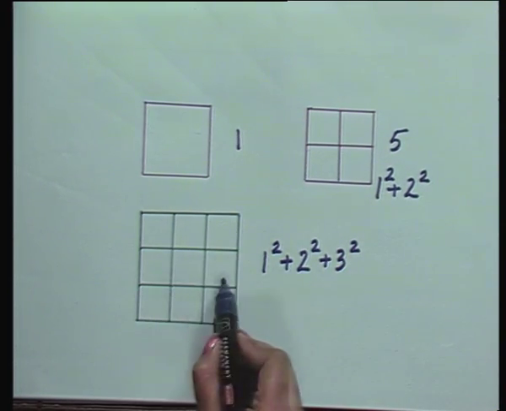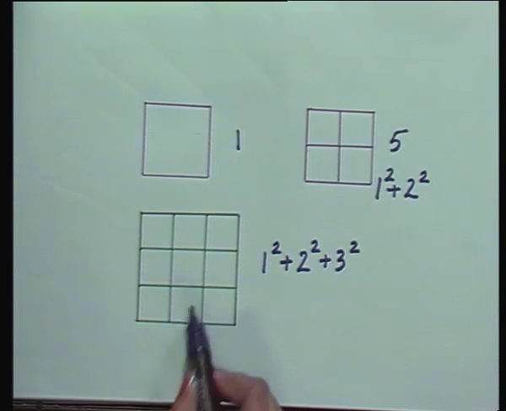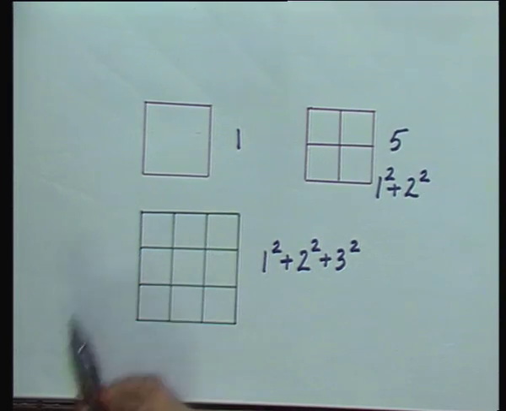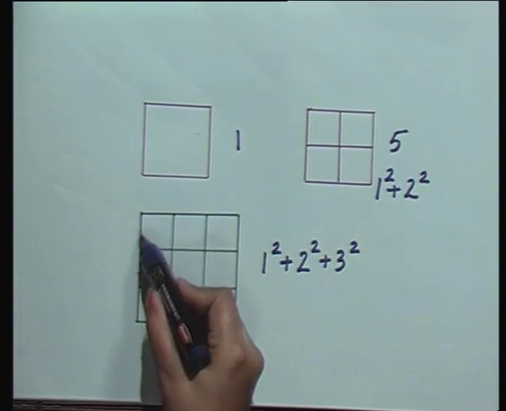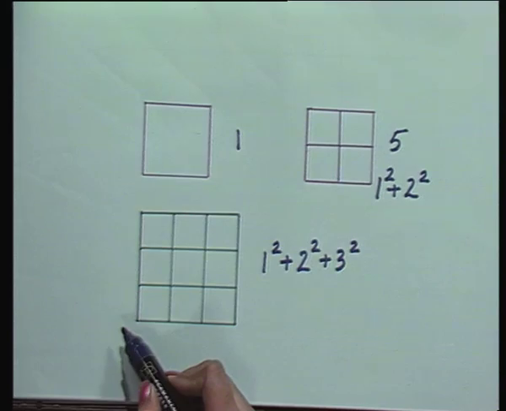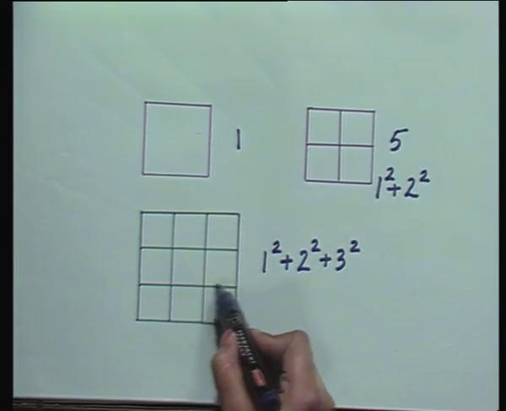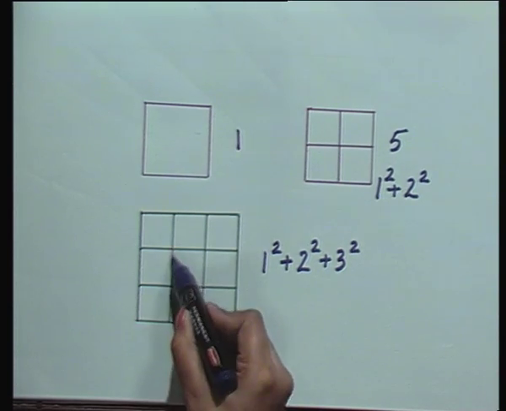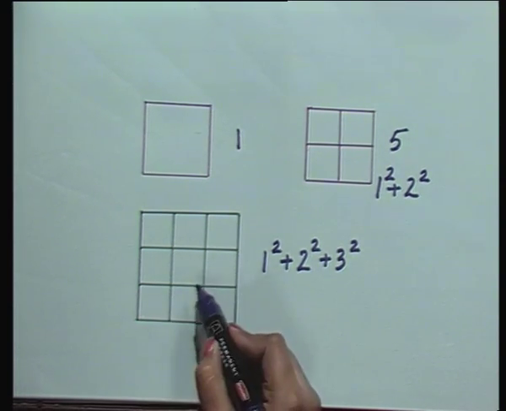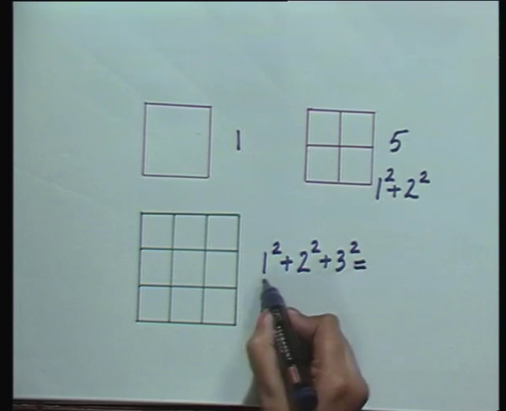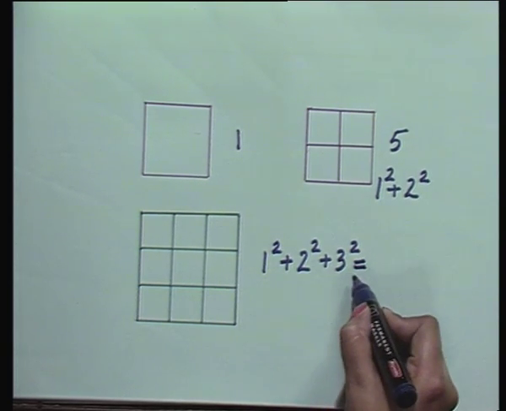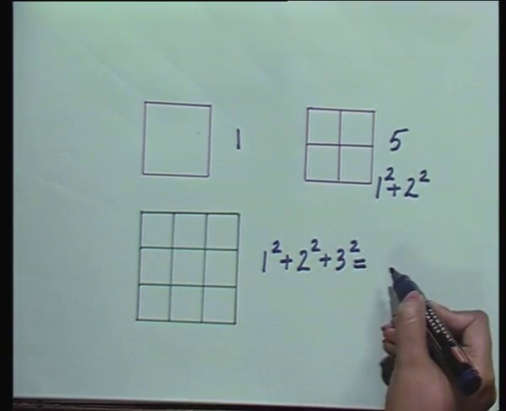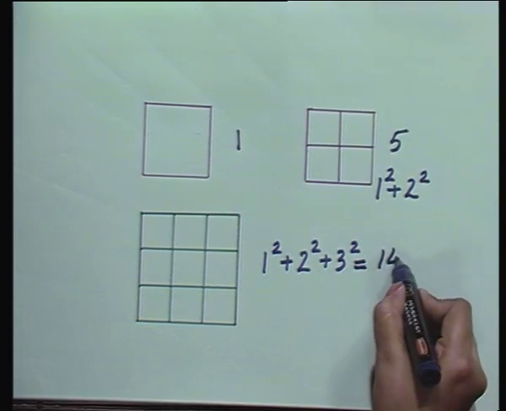Just make an effort and see, you're going to get 3, 3 and 3, that is 9 squares, small squares, 1 large square, and then yes, this is the next 11th and then 12th, 13th and a 14th. This is what you get if you simply take 1 square plus 2 square plus 3 square. Now with the help of the formula, you can also calculate it directly to be equal to 14.